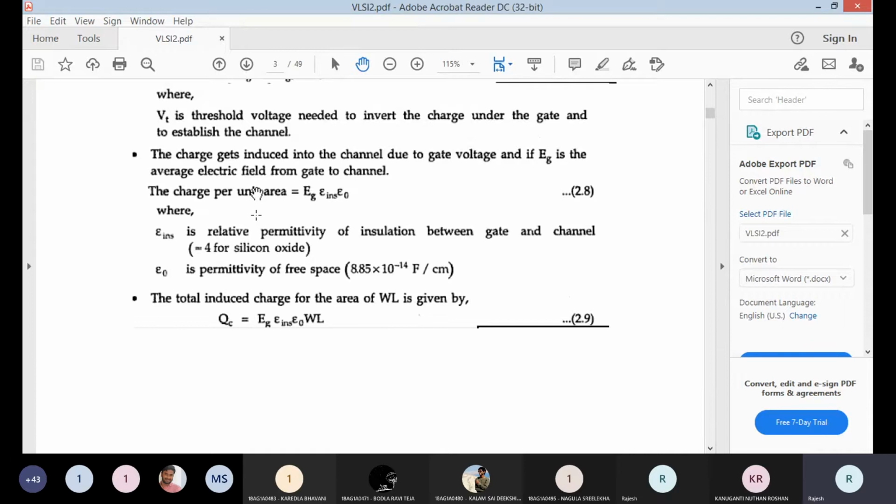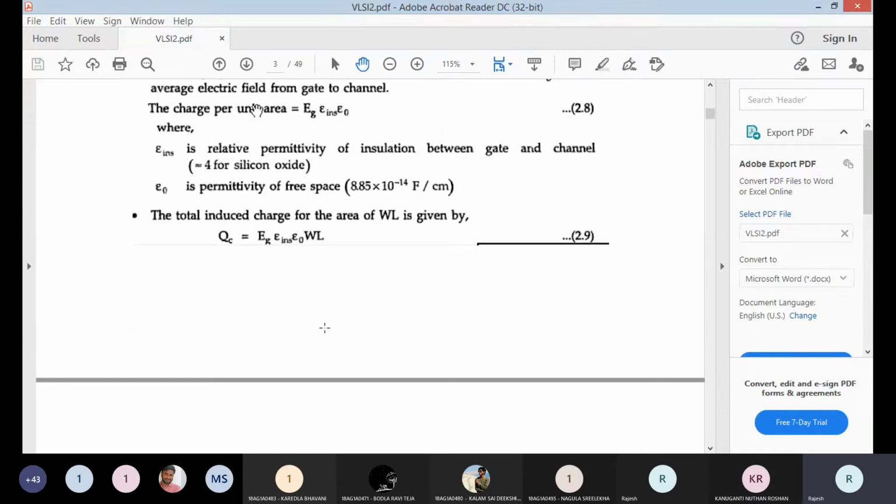Epsilon insulator is the permittivity of the SiO2 layer, whereas epsilon naught is the permittivity of free space. If you want the total charge induced in the channel, you have to multiply by area. What is area? L into W, the length and width of the channel. So QC, the charge induced in the channel, is equal to Eg into epsilon insulator, epsilon naught into WL.